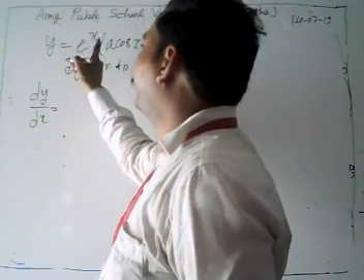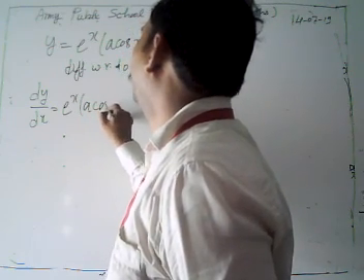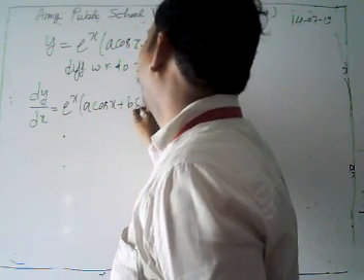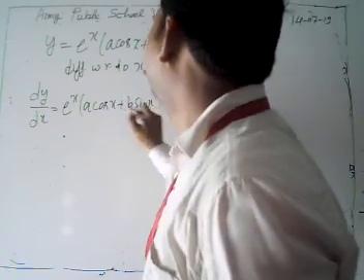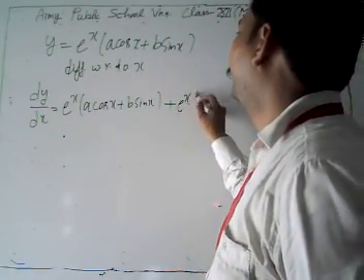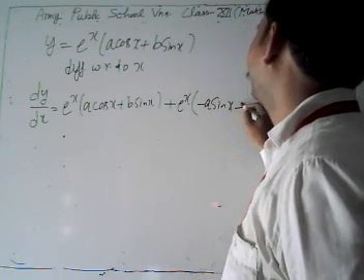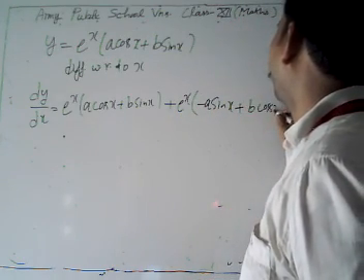When we differentiate e to power x, we have e to power x (a cos x plus b sin x), plus we differentiate a cos x plus b sin x, which gives minus a sin x plus b cos x.